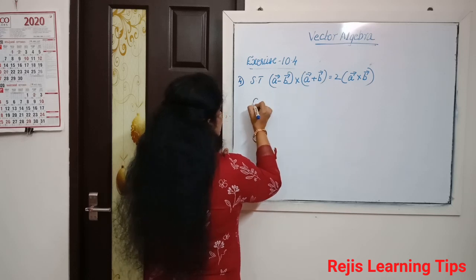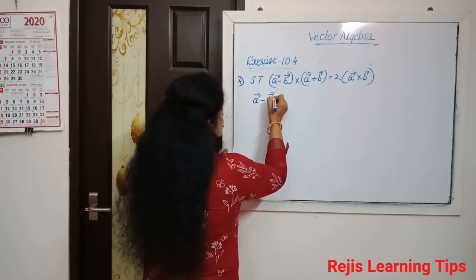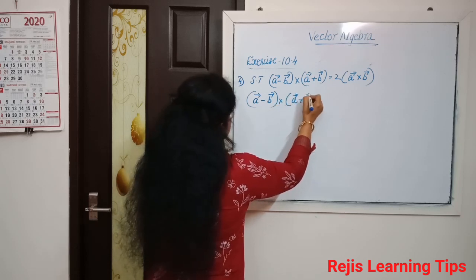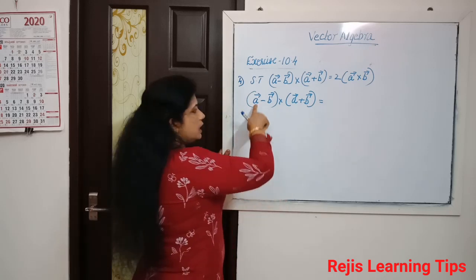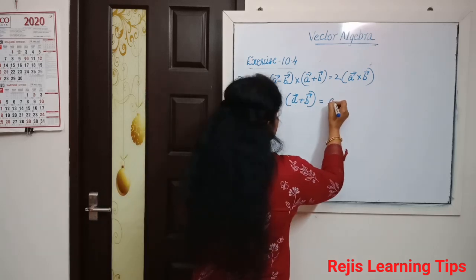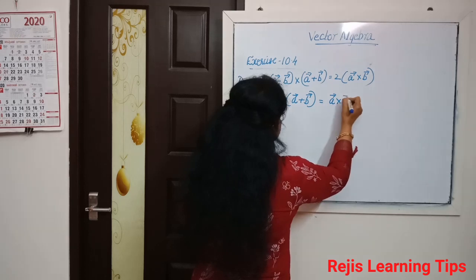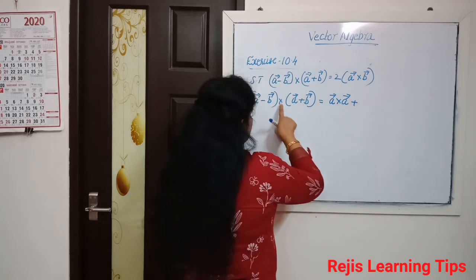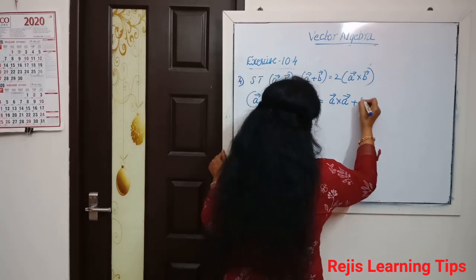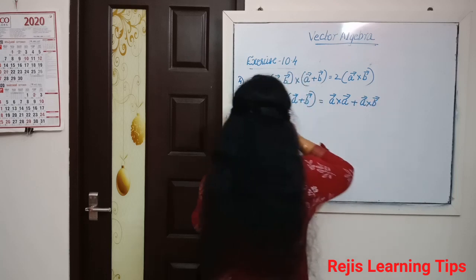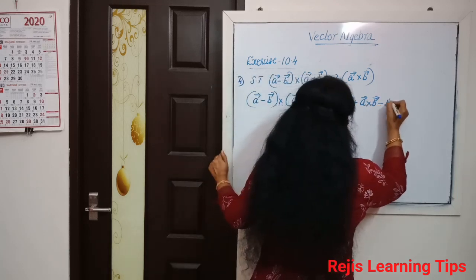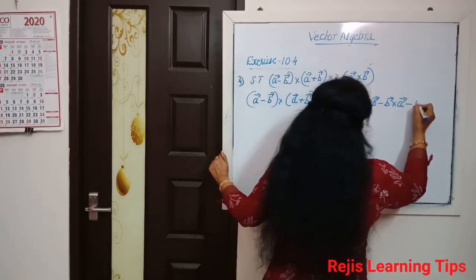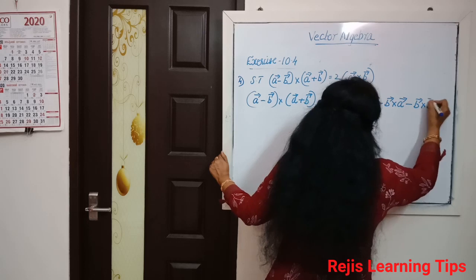Vector A minus B vector cross A vector plus B vector, that is equal to A cross vector A, then plus A cross B, vector A cross vector B, then minus B vector cross A vector, then minus B vector cross B vector.